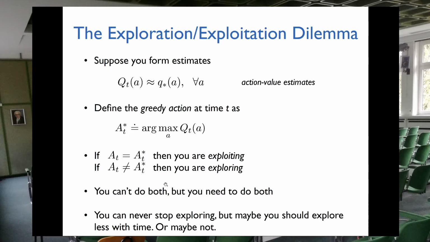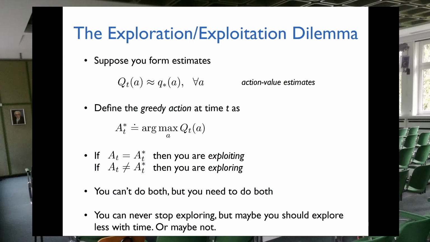So you can't do both at the same time, of course, but you need to intertwine the execution of both kinds of actions. You cannot just do exploitation, because initially you don't have information about the values of the actions.